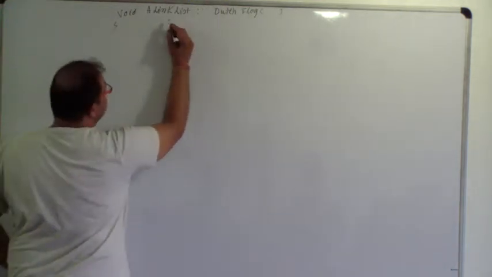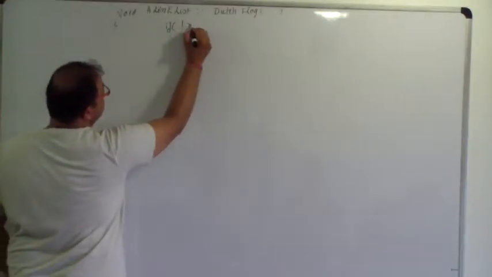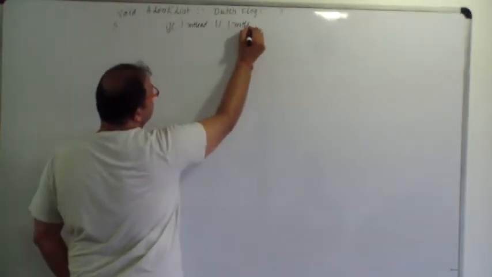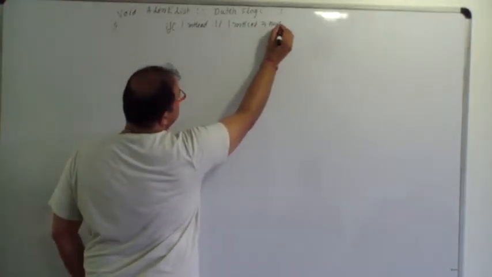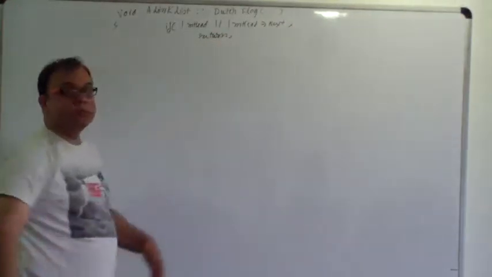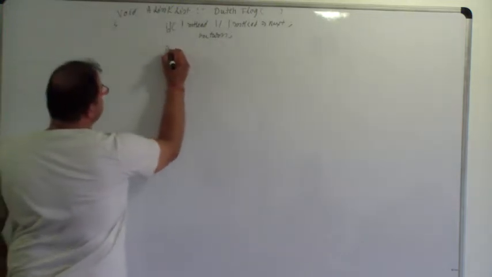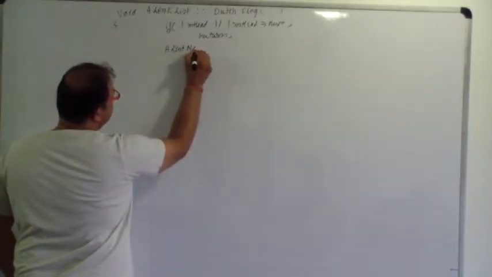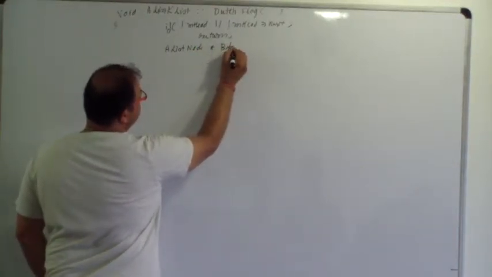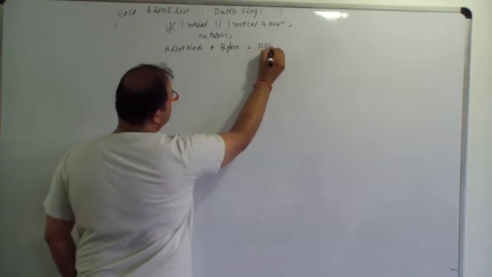So we'll check the condition: if not m head or not m head arrow next, just return, because there's just one node or there's nothing, you don't have to do anything. Okay, so we'll take three nodes, a list node star before is equal to null.